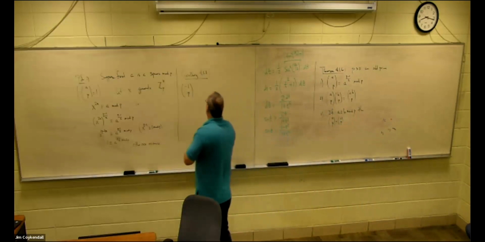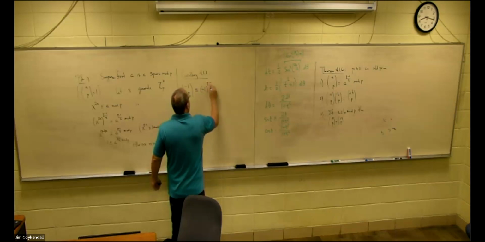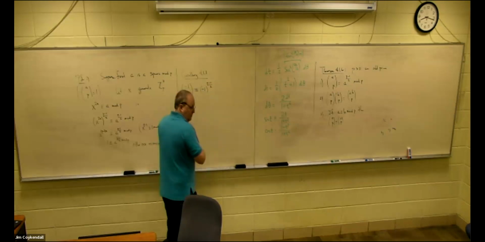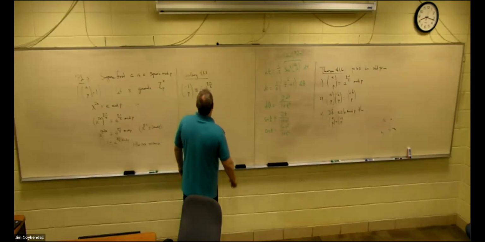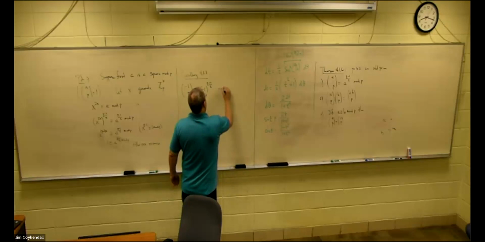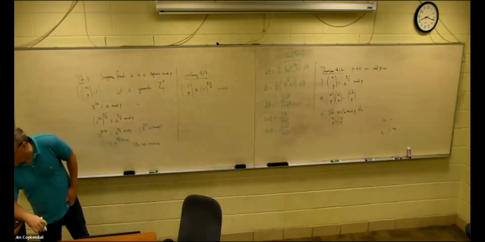Well, this is minus 1 to the (p minus 1)/2 mod p. Doesn't matter in this case because we're just seeing ones.